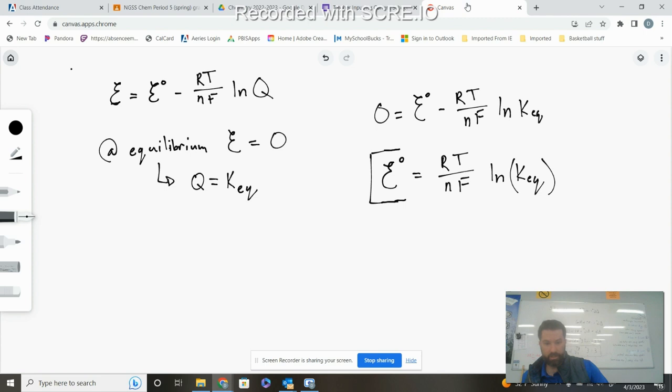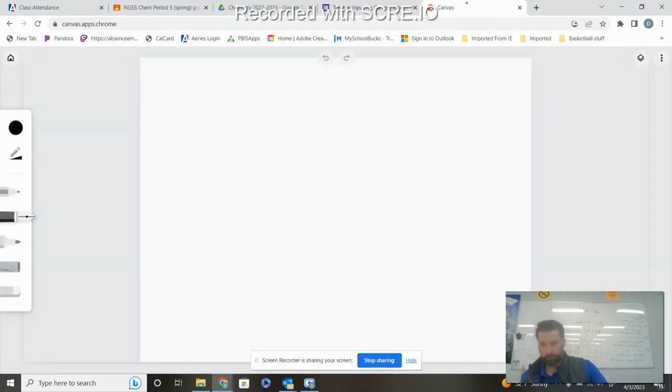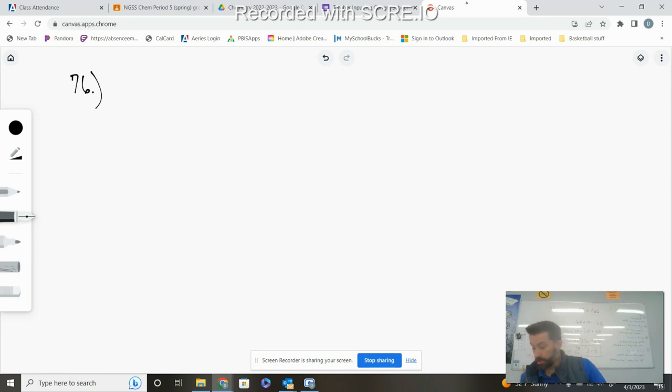Okay. So on number 76, they give us the following cell. Au 3 plus plus 3 electrons go into Au. And they say that the standard cell potential of that reaction is equal to 1.50 volts.